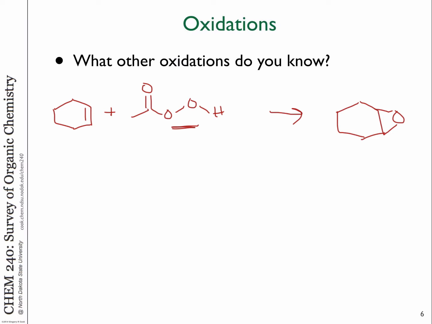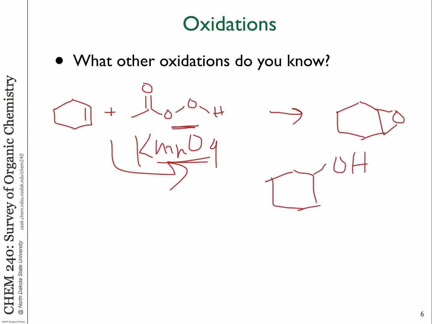We replaced a CC bond with two CO bonds. We've gone higher in electronegativity. That's an oxidation. What else did we see? We saw potassium permanganate, right? That's also a high oxidation state species. We can generate alcohols, diols.